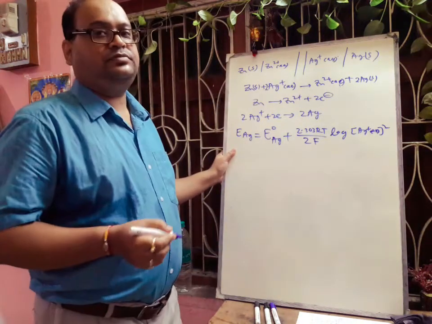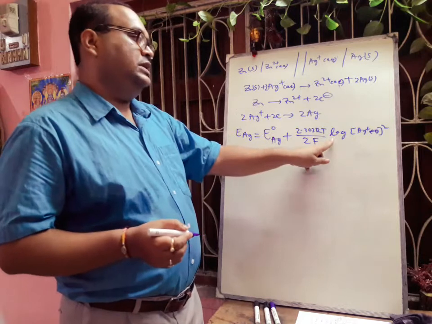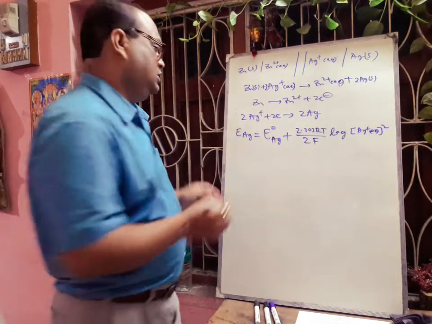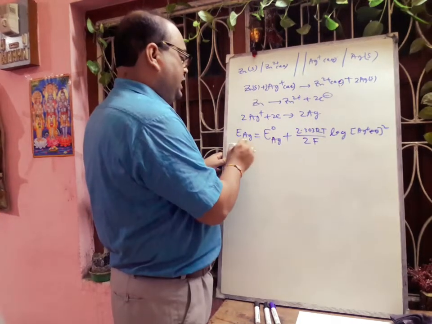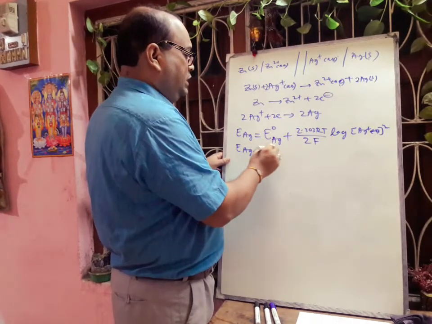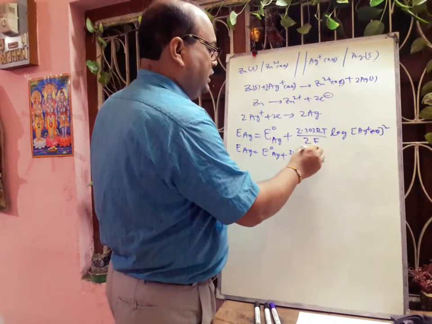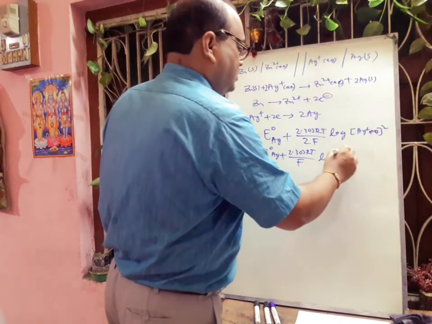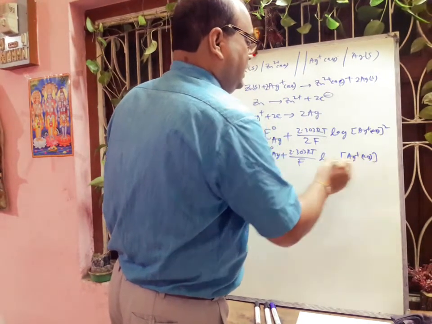Now, log A square is equal to 2 log A, so this 2 and 2 will cancel. So from here we can write one more step, that is E_Ag is equal to E0 Ag plus 2.303 RT by F log concentration of Ag+ aqueous. That also we can write.